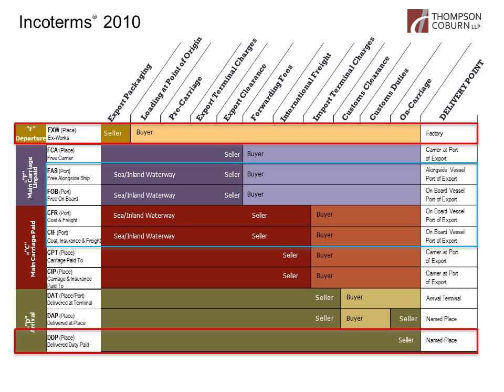So the buyer is going to take on export clearance responsibilities in the seller's country. The buyer is going to have to work through agents in the seller's country to arrange for the transportation and the movement of the goods. So there's an inherent increased risk for the buyer under an E-term.